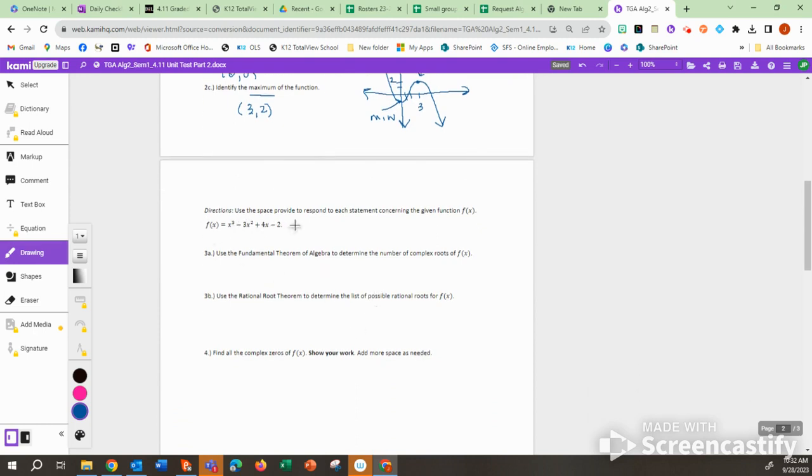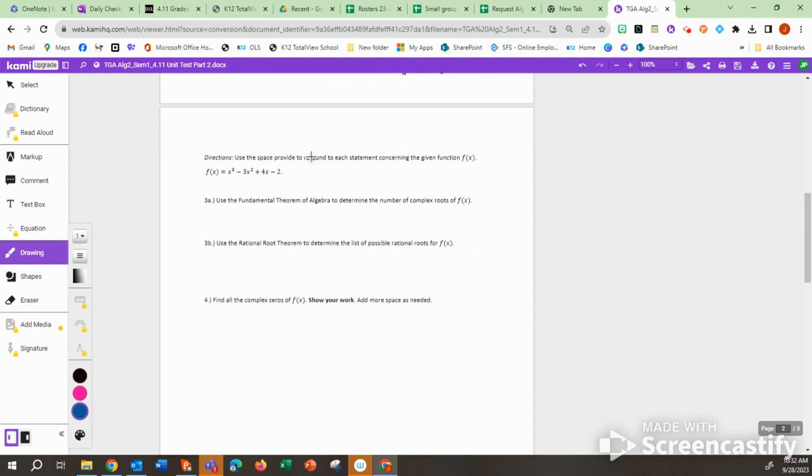For the next problem, it says use the space provided to respond to the statement considering the given function f(x). So they're giving us a polynomial function. Number 3a says use the fundamental theorem of algebra to determine the number of complex roots. So we just want a number here. If you're not sure and you don't remember what the fundamental theorem of algebra is, I suggest you look it up.